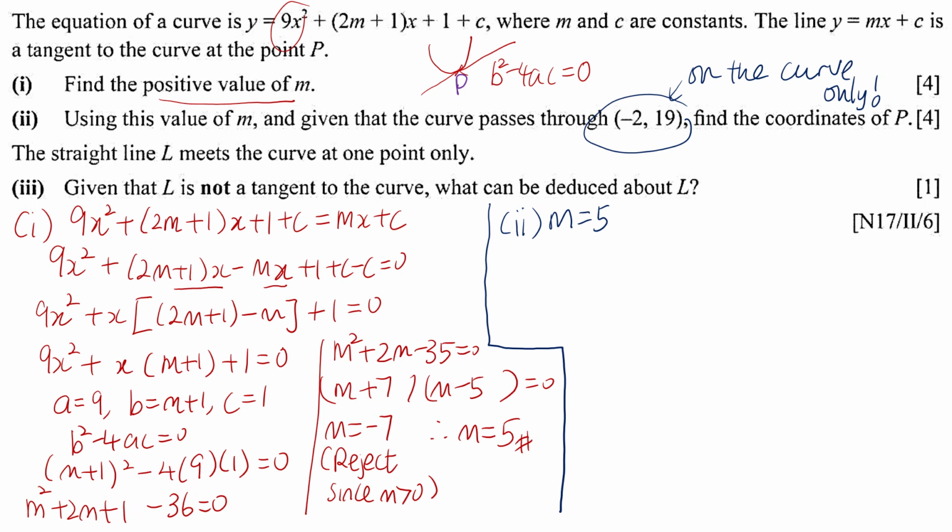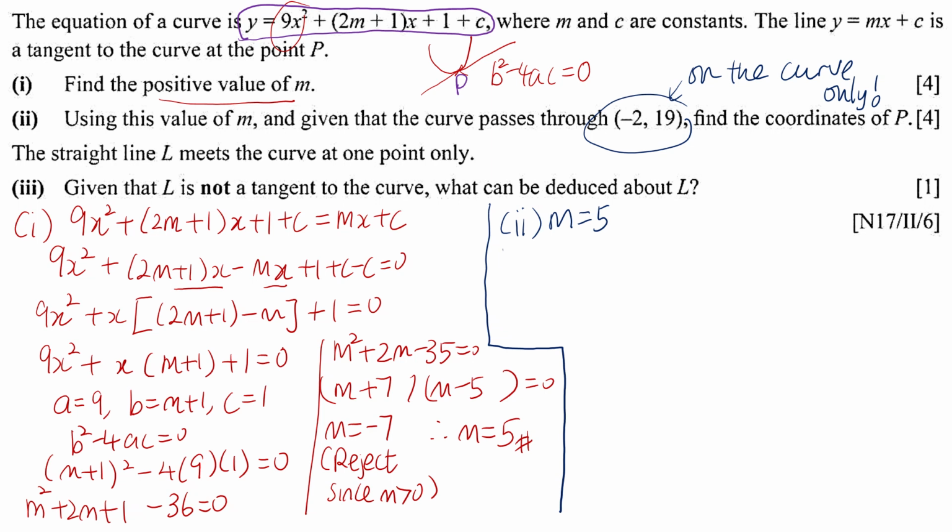All right, so what we can do is substitute this point, since the point lies on the curve, and m equals to 5 into here, to find the unknown c.